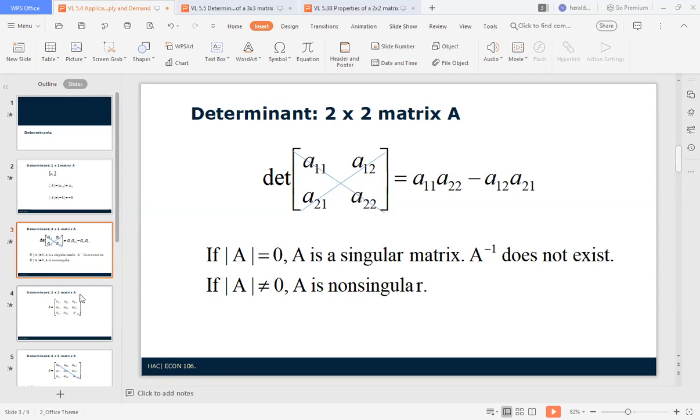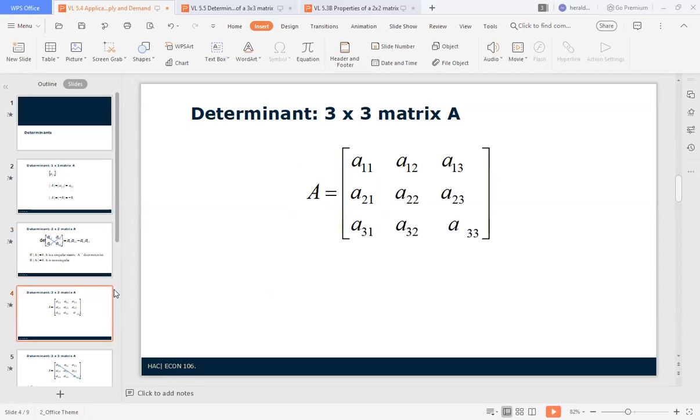Let's proceed to the determinant of a 3-by-3 matrix. Again, if you have a matrix that consists of coefficients, we have A11, A12, A13, A21, A22, A23, A31, A32, and A33.